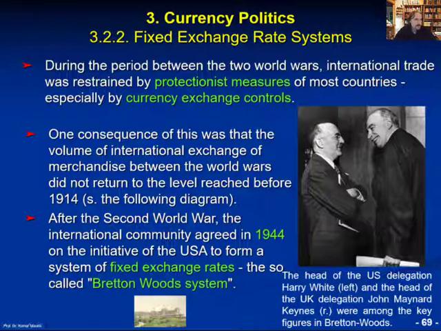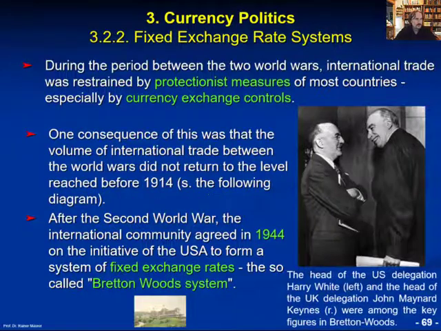During the period between the two world wars, international trade was restrained by protectionist measures of most countries, especially by currency exchange controls. One consequence of this was that the volume of international trade between the two world wars did not return to the level reached before World War I in 1914.